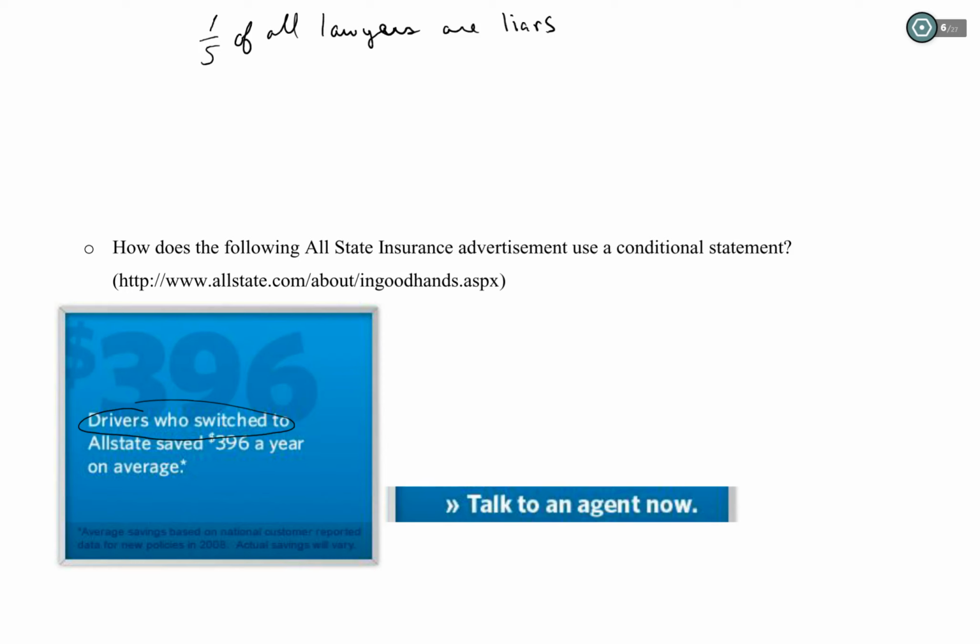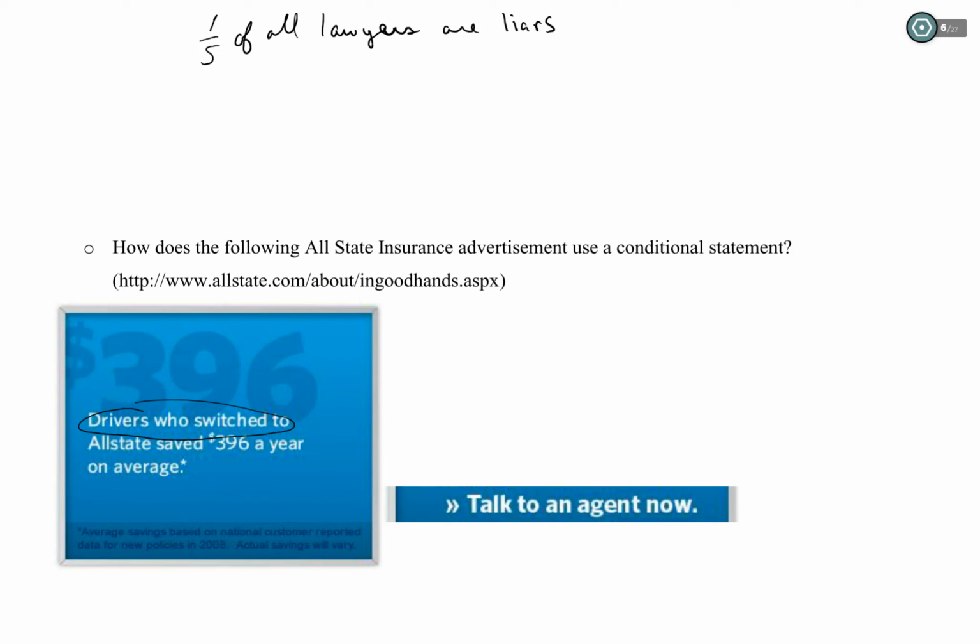All right. So there's two subtle things with this advertisement. Allstate, they're truthful in the advertisement, but that's not the main point they want to get across to you. The main point they want to get across to you is this $396, that you save $396. Well, you don't necessarily save that much. On the average, drivers who switched save that much.